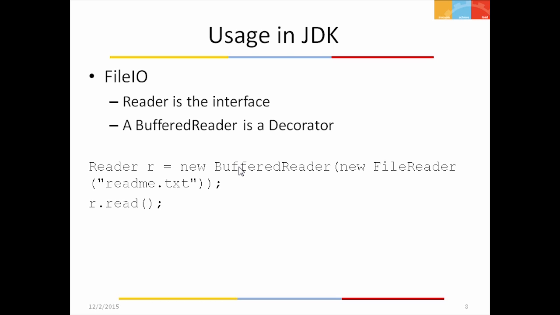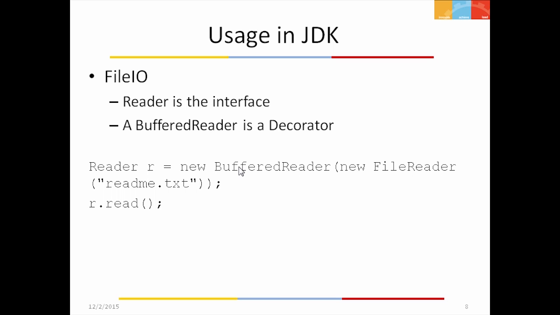The way it can be used is, for example, reader r equal to new buffered reader. As this new buffered reader, which is a decorated object, is created, you are passing a parameter which is new file reader. So file reader is essentially a concrete reader class, and buffered reader is a decorator class.